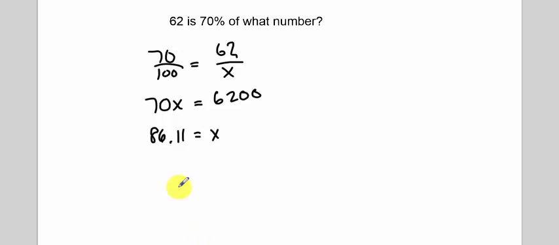Again, I want to think about what this means. 86 represents my whole number. It's the biggest part. And then I'm finding 70% of that. Well, half of that would be about 43. 70% is almost half of a half, or 25% more than 50%.